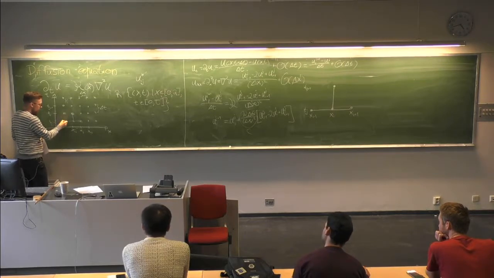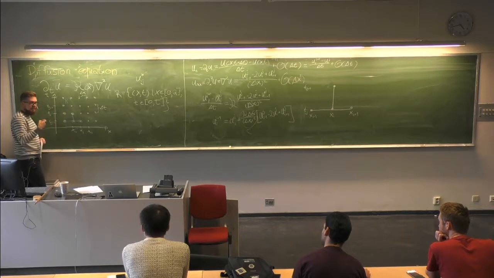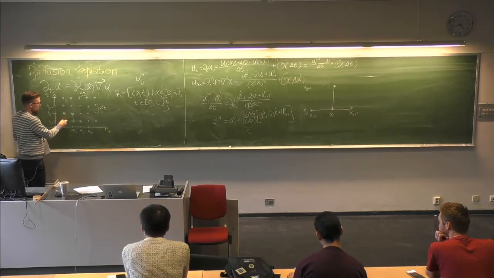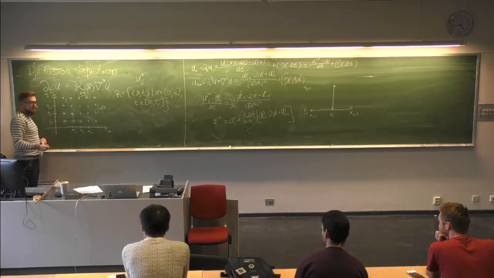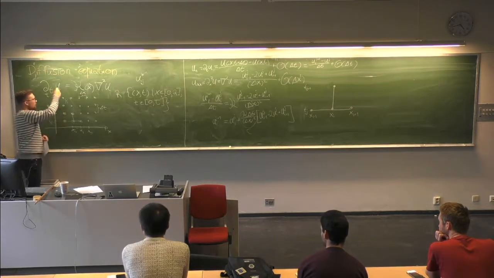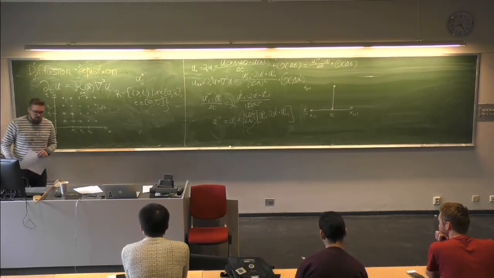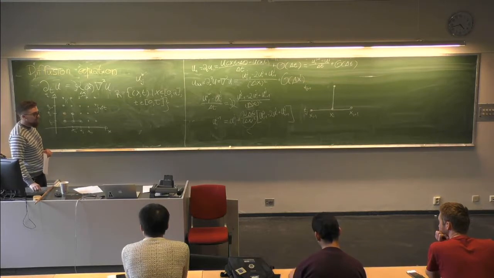Because you know this point, but you don't have any information here. What is usually done, as we did in the example last time, is to just use the point there. Say that at the boundary you have a constant either temperature or pressure, which often makes sense.